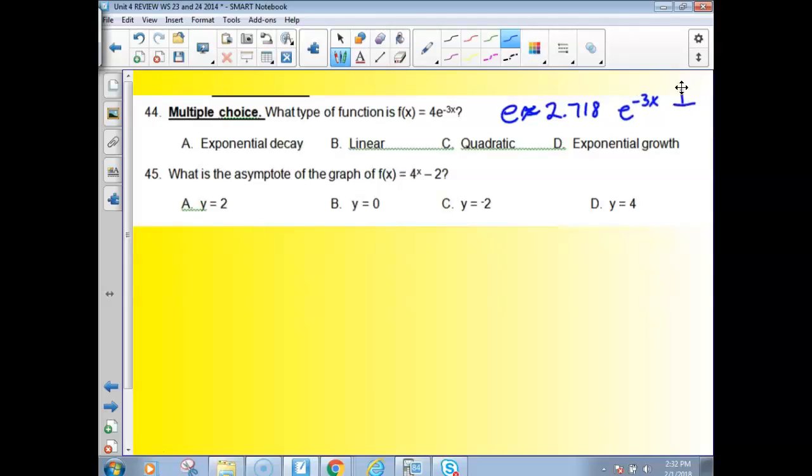That's going to be 1 over e to the 3rd to the x. So that's going to be tiny. So this is going to be decay. And the asymptote of this graph is a horizontal line, sorry, at y equals negative 2. Shift it down 2.